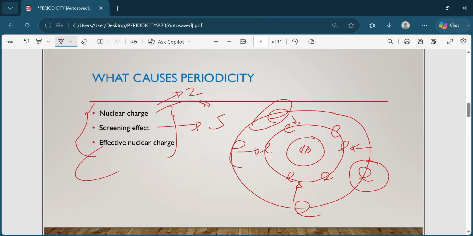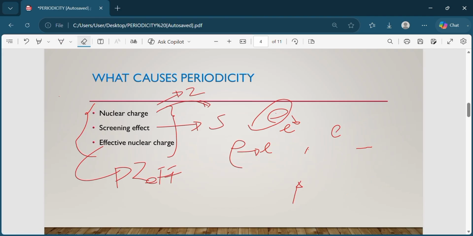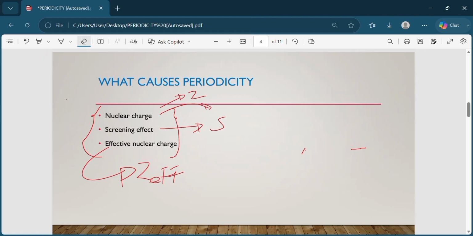Then effective nuclear charge finally, which we can denote as Z effective, alright? Z effective is just the net positive charge that is experienced by an electron in an atom. The net, meaning that this is just a balance between specifically screening effect and nuclear charge.